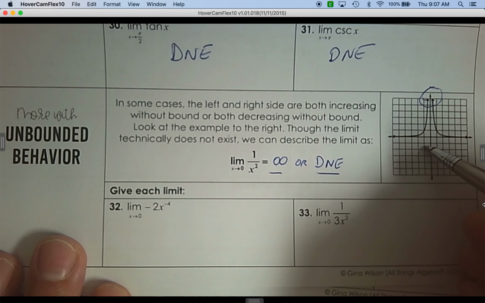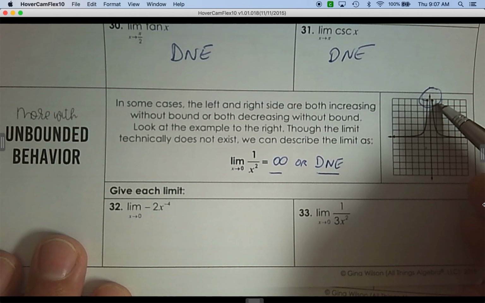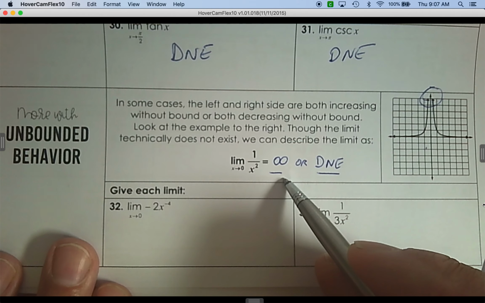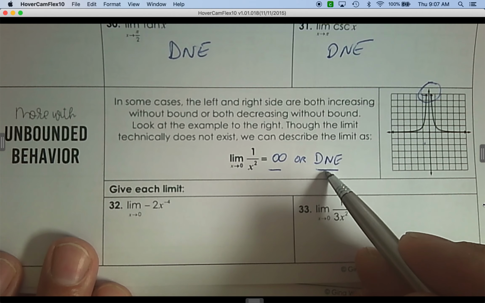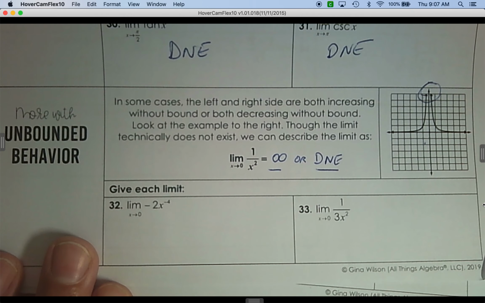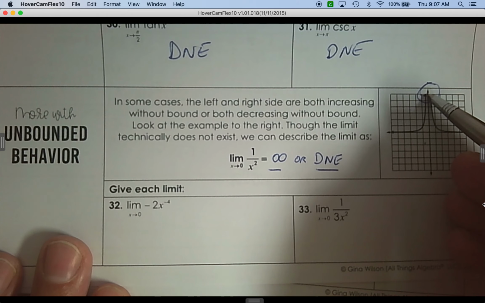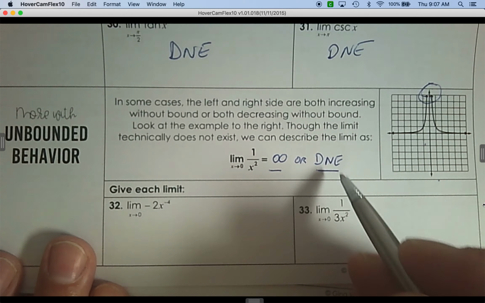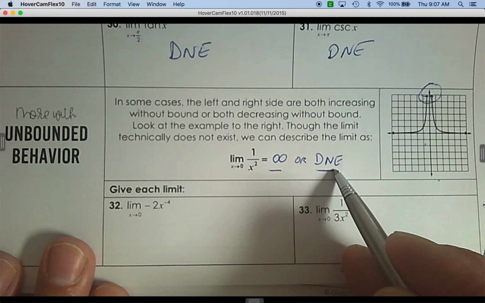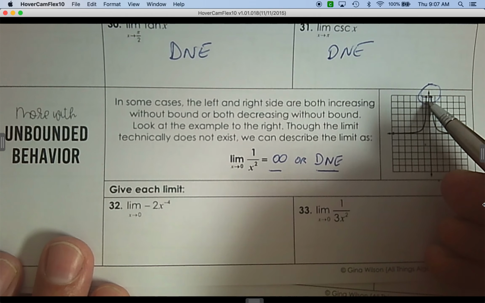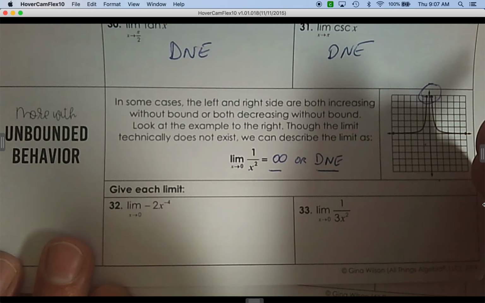So if a limit and the answer is infinity because they both go there, then that's a good answer. Or you can say it doesn't exist because it's impossible to approach infinity. Crazy, right? Now, if one end went up and the other end went down, the only answer possible was does not exist. But if they both go in the same direction, then yes, you could write it that way.